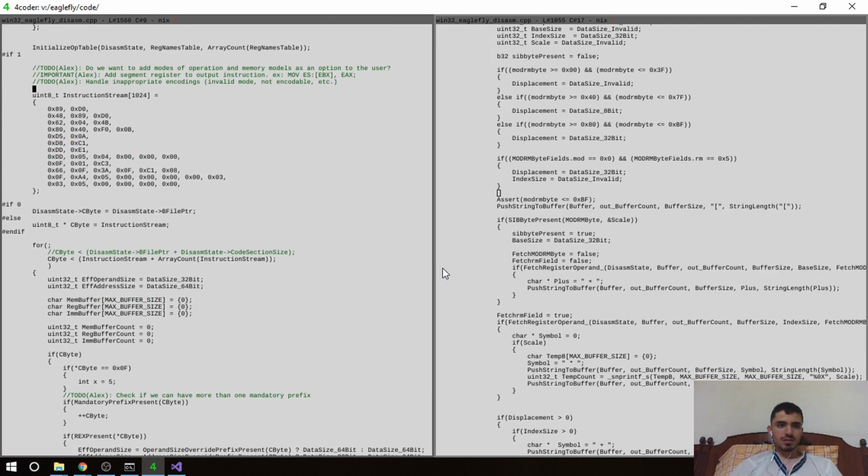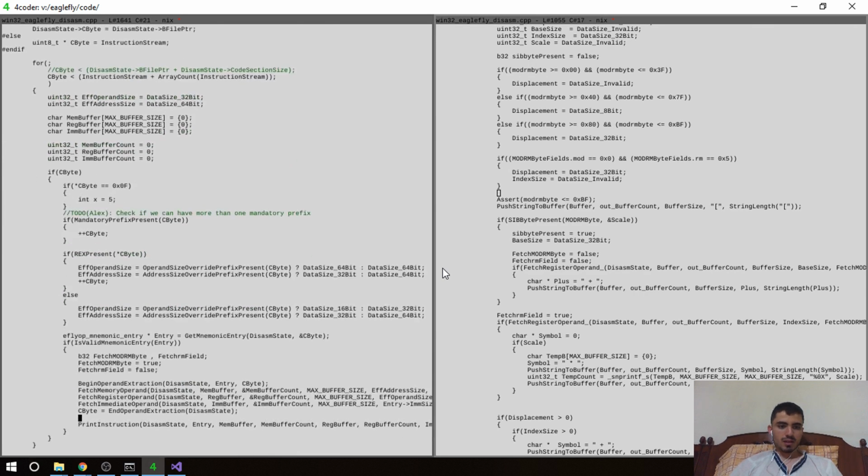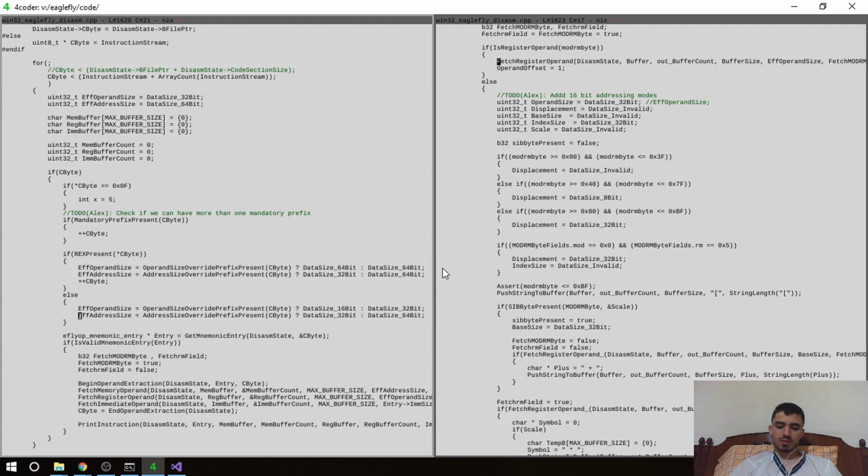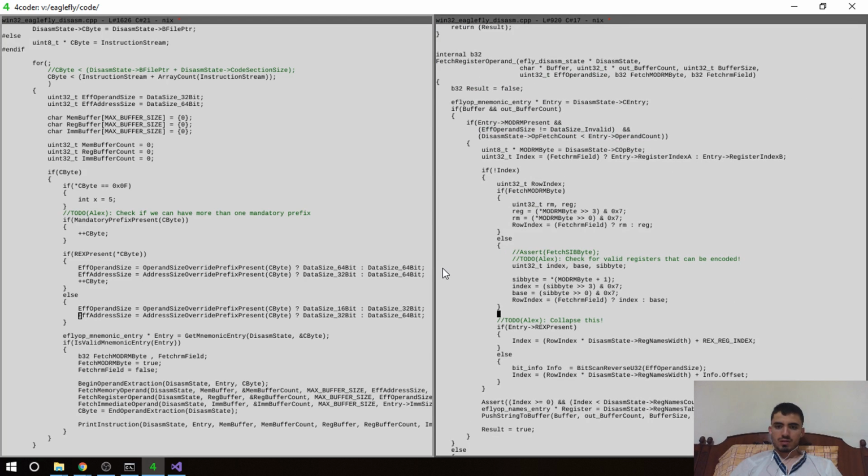So we added that. It's the same thing. 89 the 0. And first of all, I'm just going to say fetch register operand. It was fetch register. It's going to have the RxPresent passed along.